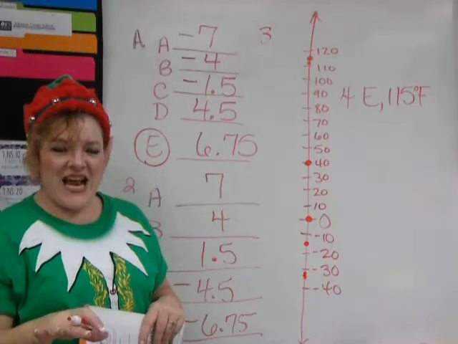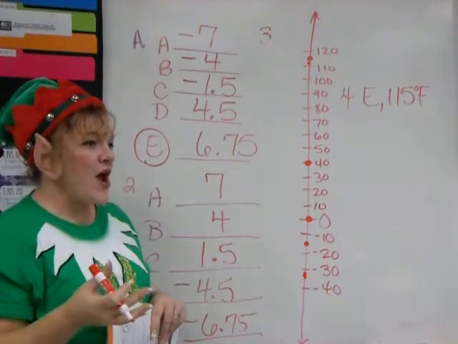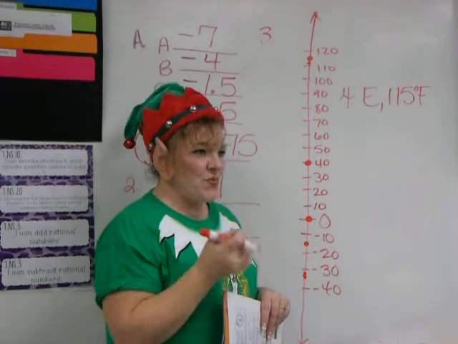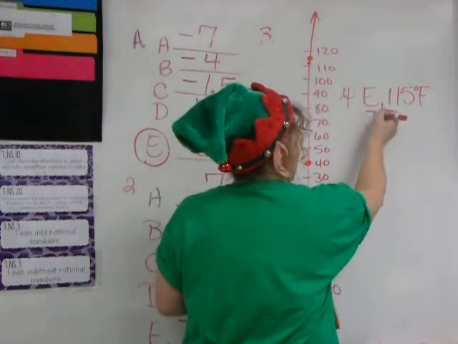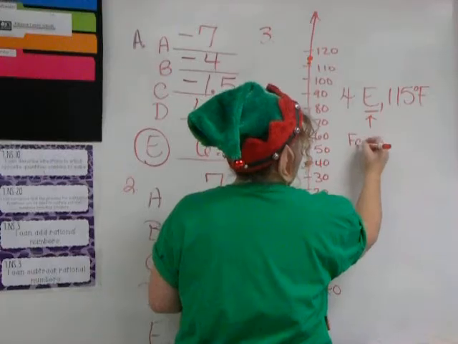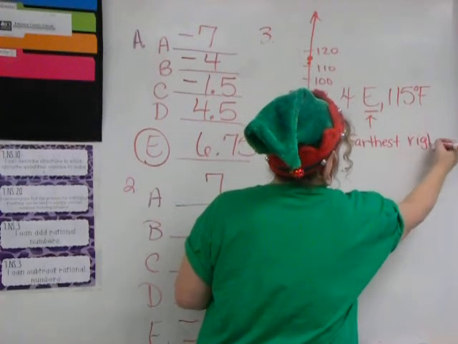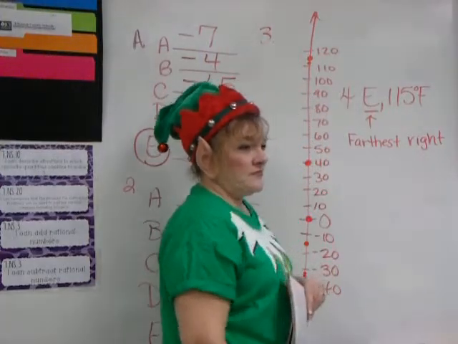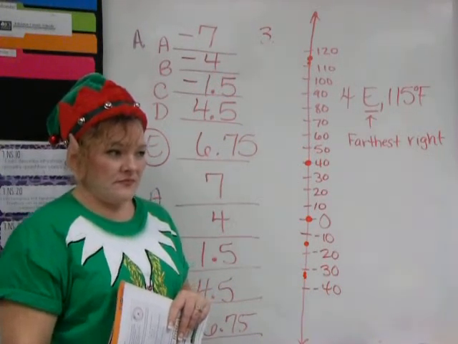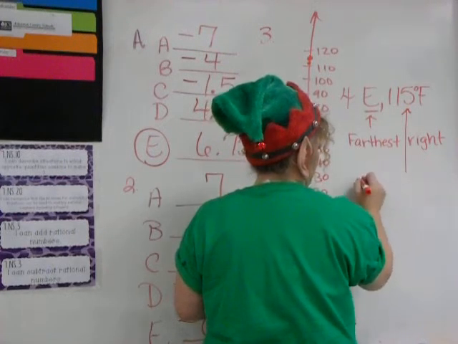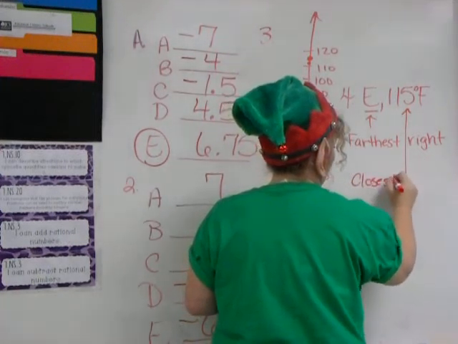Now it asks, how did those number lines help us to identify where those greater numbers were? Because E was the farthest to the right, and because 115 was the closest to the top.